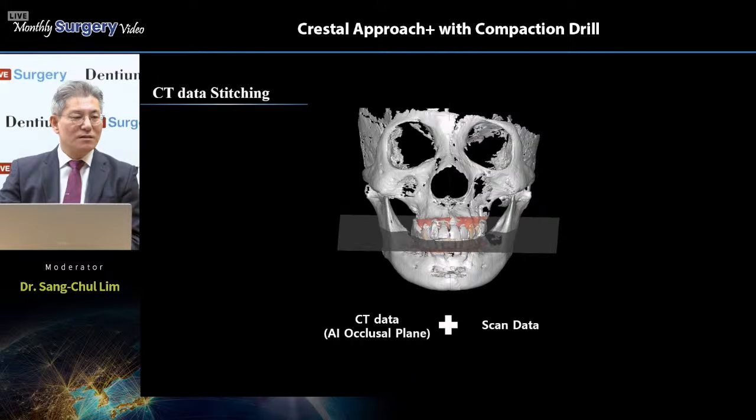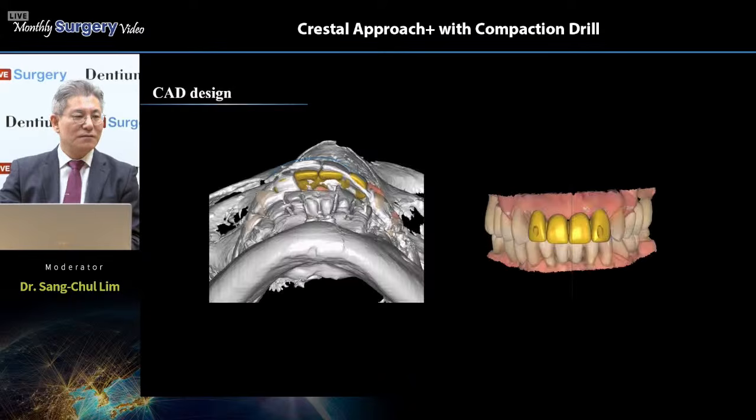The CT data stitching looks like here, so we can move some tools to the correct positioning, and we can correct the size, length, angulation, and position. All of this was collected in this data.